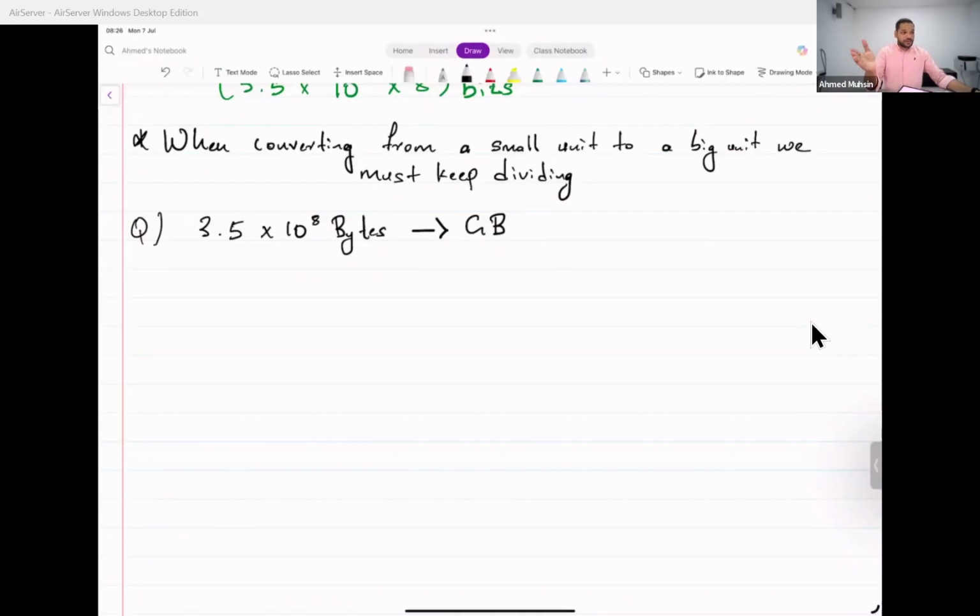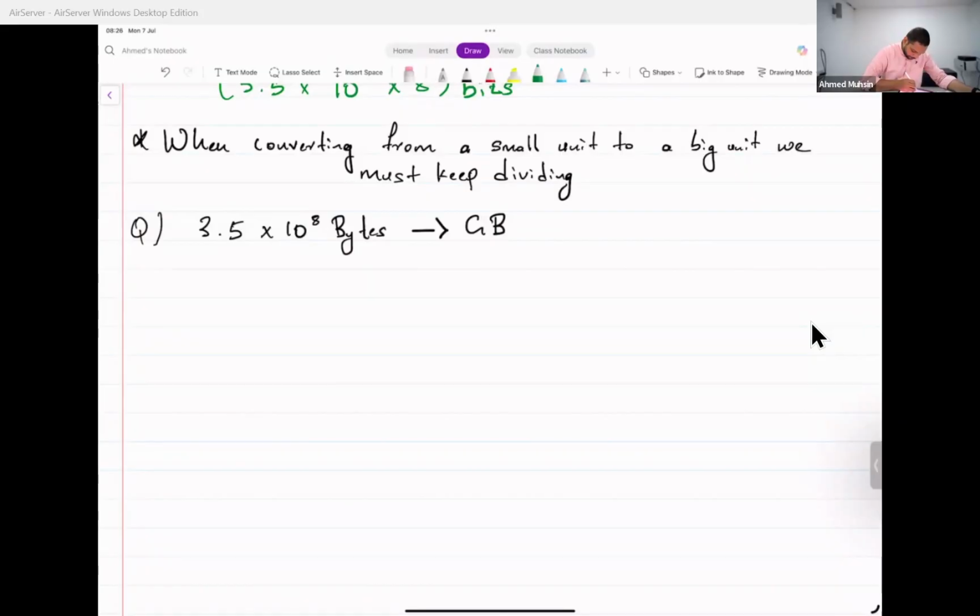We want to go to gigabytes now. First, tell me, guys, bytes is a smaller unit than gigabytes, isn't it? You're going from a small unit to a big unit. Everybody okay with this? So you need to keep dividing. Are we okay with this? Right. So let's get started then.